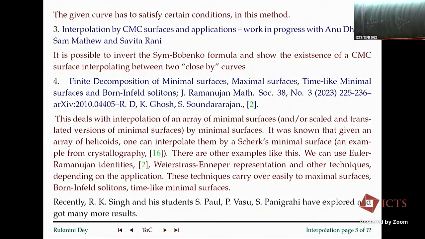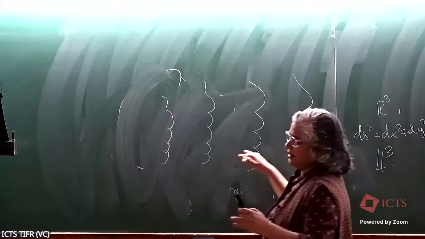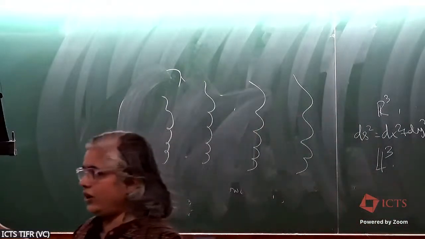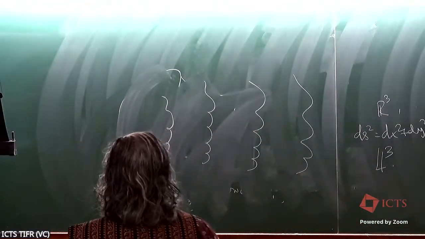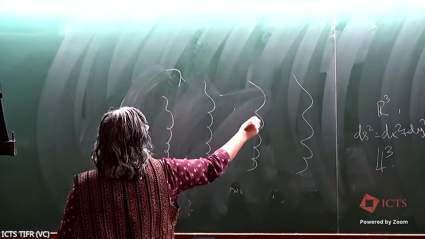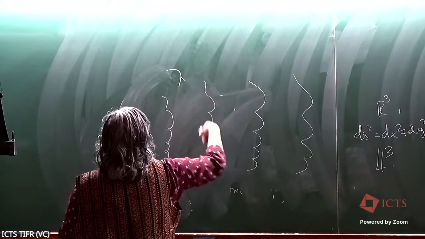But the other set of problems is, supposing you have some minimal surfaces, say a row of helicoids you've placed in a plane or along a line, and you want to know, is there a minimal surface which interpolates them, which contains all of them?